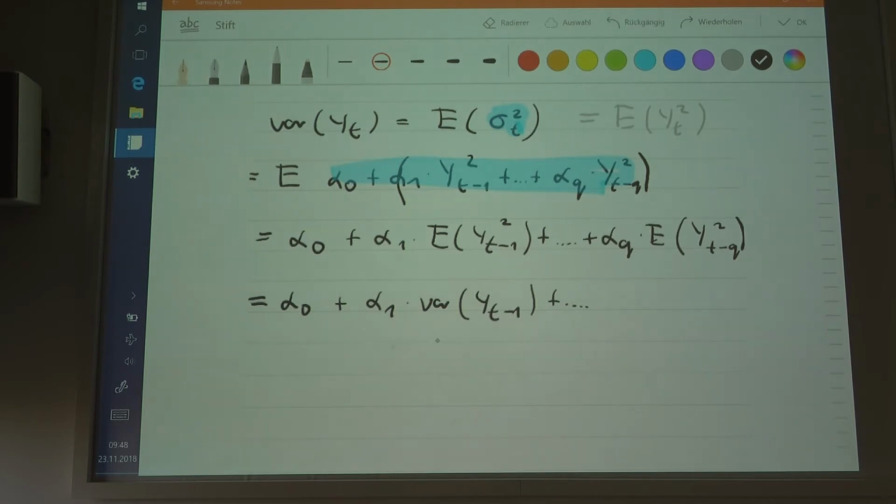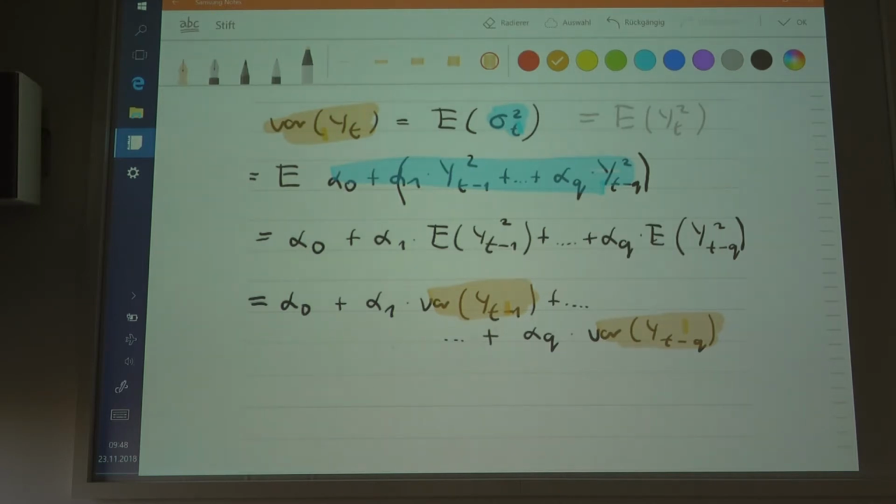Here we have basically the variance, and the variance should not be time dependent.